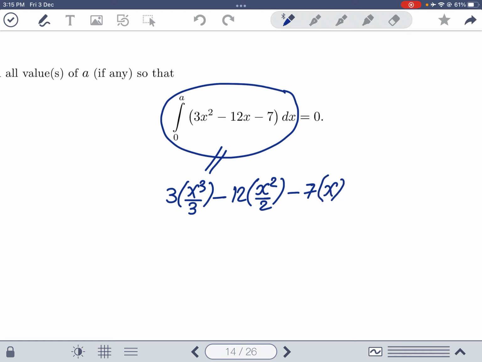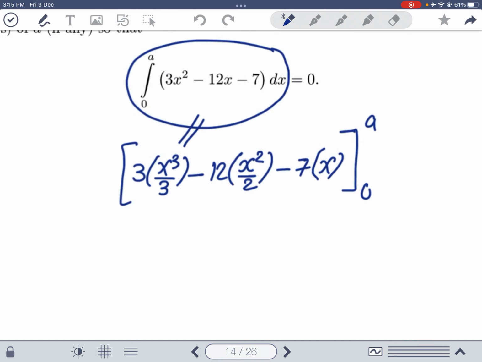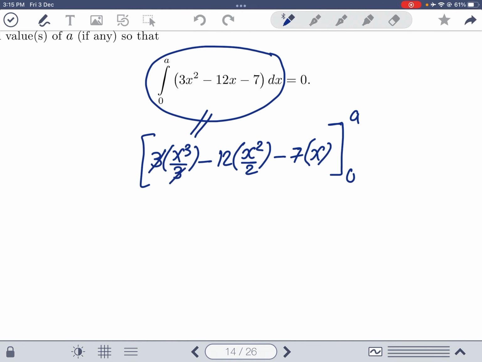Antiderivative to 1 is x, and this goes from 0 to a. But cancel the 3 and the 2 with the 12, so this is 6. So in any case, this is better to write as x cubed minus 6x squared minus 7x.